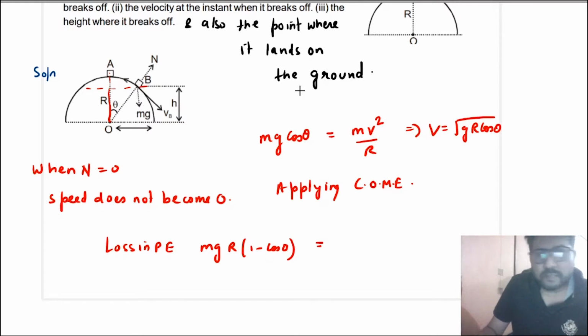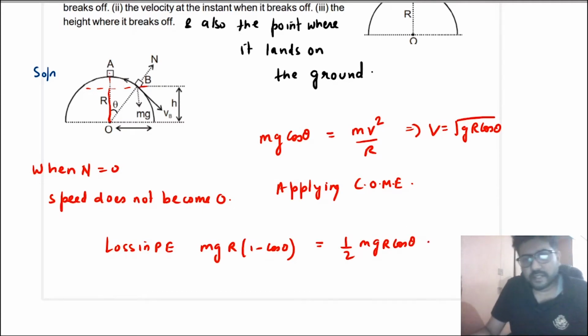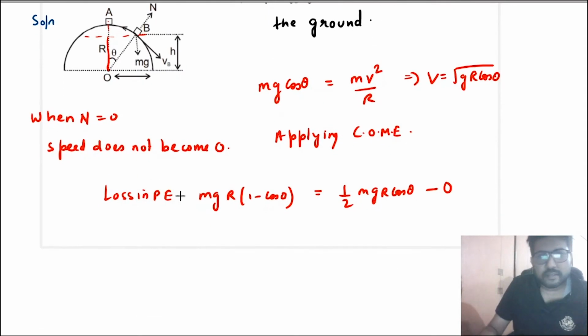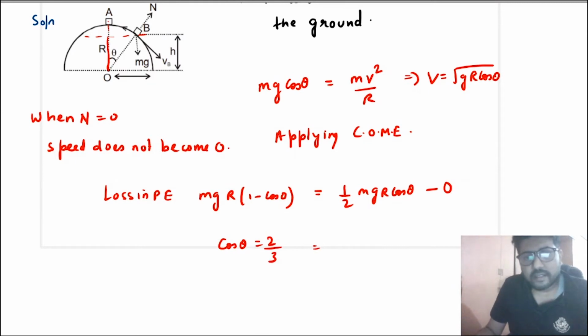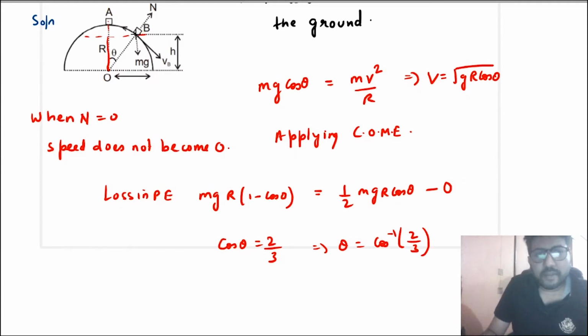Now at this point the speed is what? Root gr cos theta. So you will write half m gr cos theta, and at the highest point the speed was 0. It was just released from this point. Okay, so from this you will get cos theta is equal to 2 by 3. Now at this angle, theta equal to cos inverse 2 by 3, you will say that the particle breaks off, or the particle loses contact with the sphere, or you can say the normal becomes 0, right?